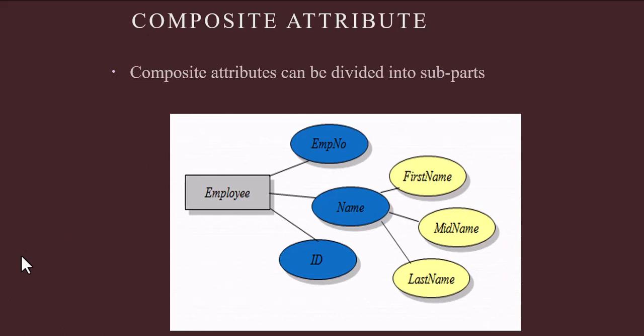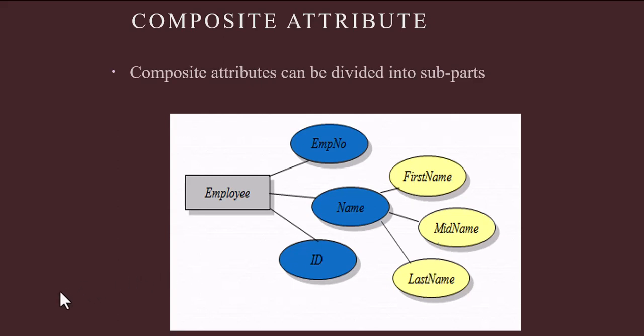If we see this example, this is the example of a composite attribute. What is a composite attribute? Composite attributes can be divided into subparts. For example, here the two attributes, employee number and ID, are simple attributes, but name is a composite attribute which consists of first name, middle name, and last name.